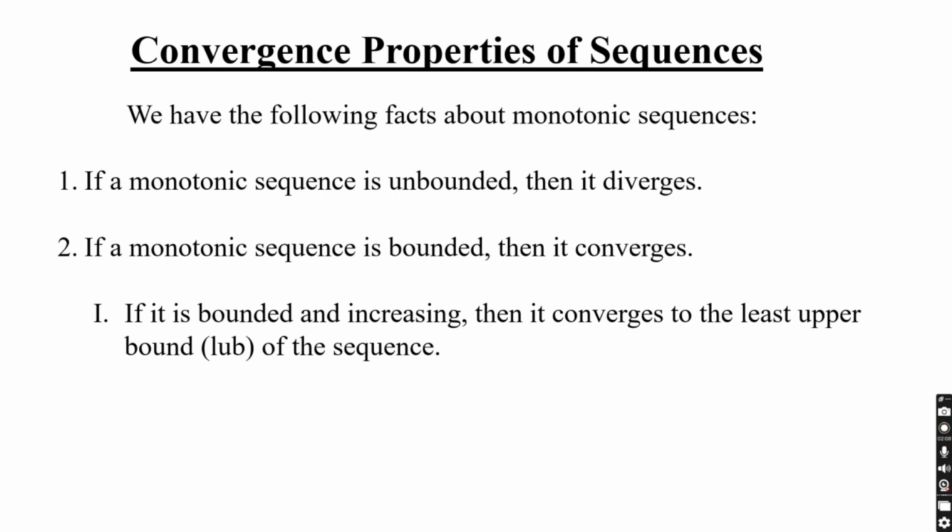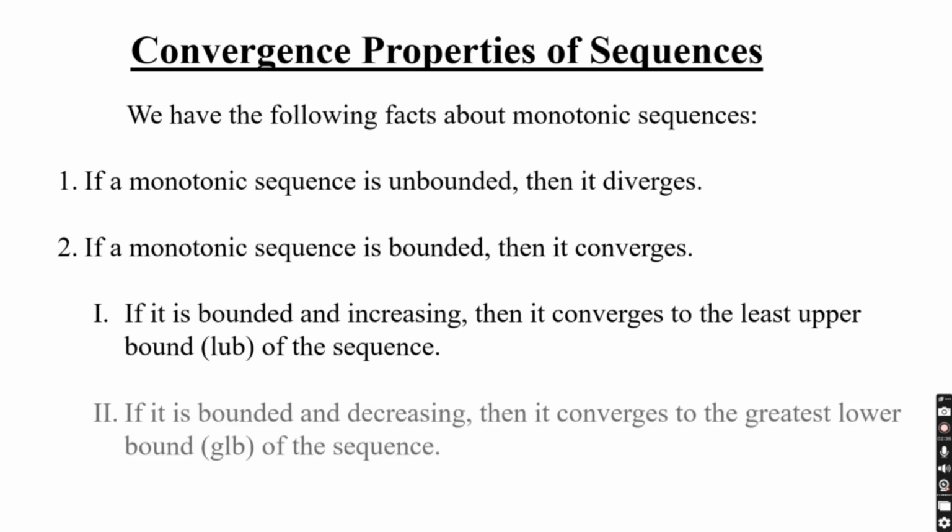We have a lot of upper bounds, but we know the least upper bound, because when we enter different values for the variable, which will be x or n in the sequence, then that sequence converges to the least upper bound when it is increasing.